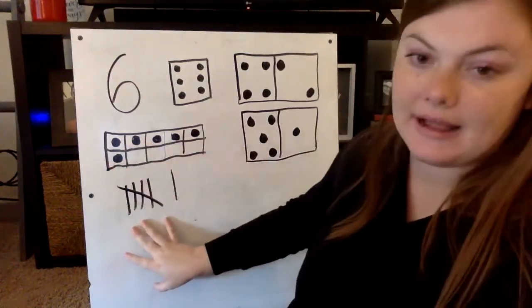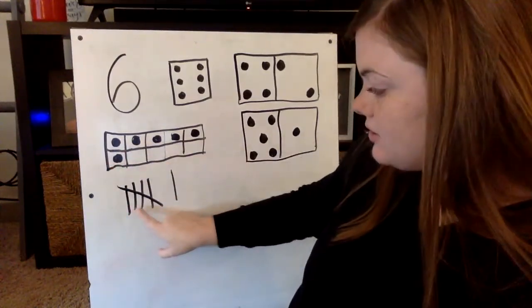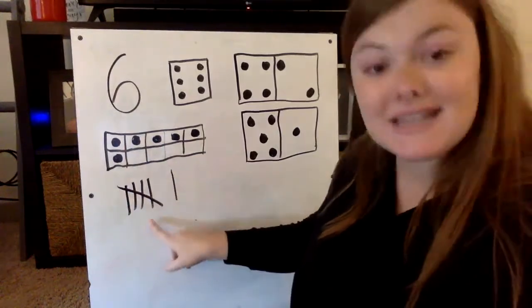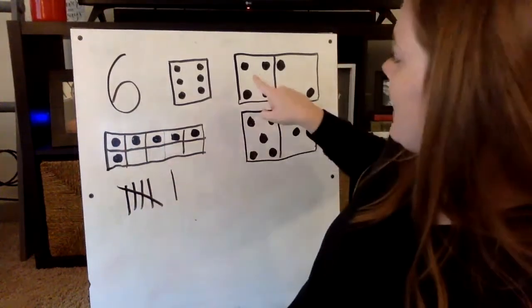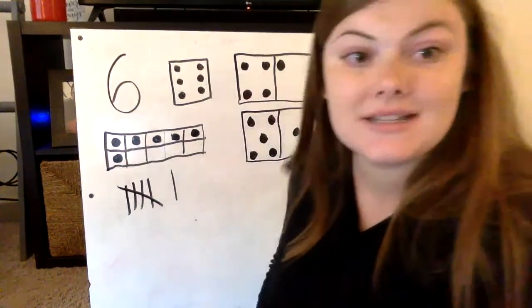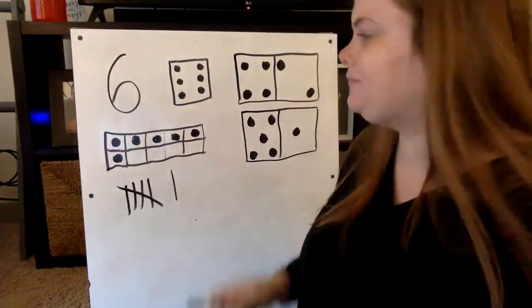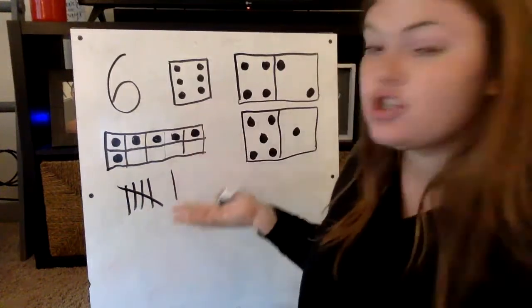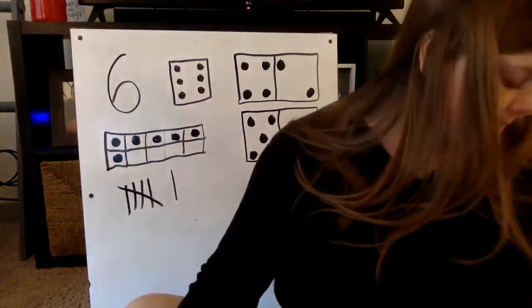And then we have our tally mark. 1, 2, 3, 4, 5, 6. We have our 6 tally marks, and we have our domino that has 1, 2, 3, 4, 5, 6 circles in it. So these are all the different ways that you can show your numbers, okay?